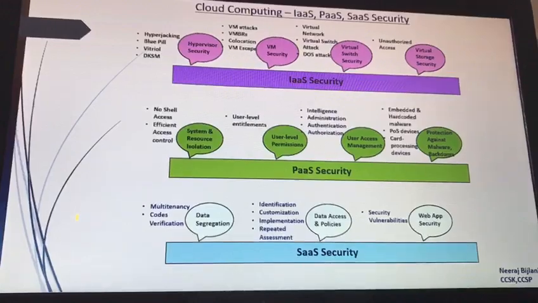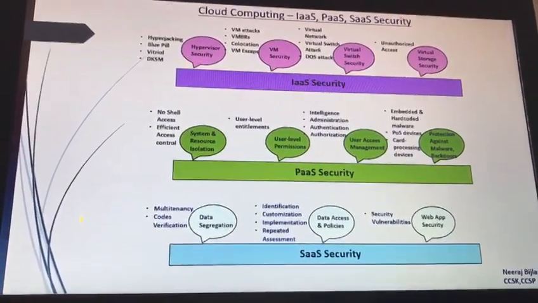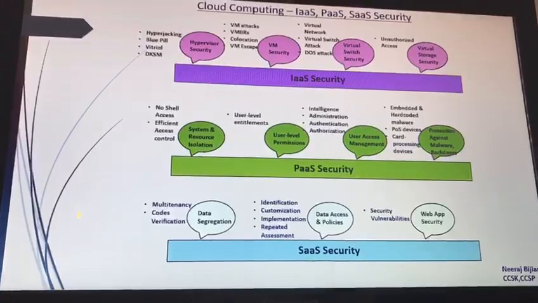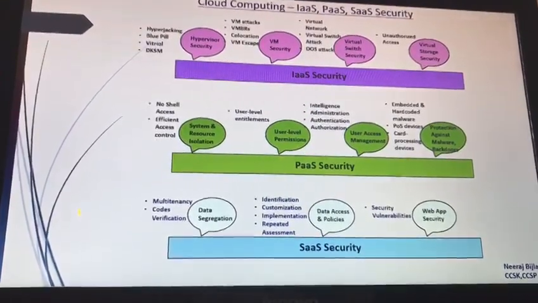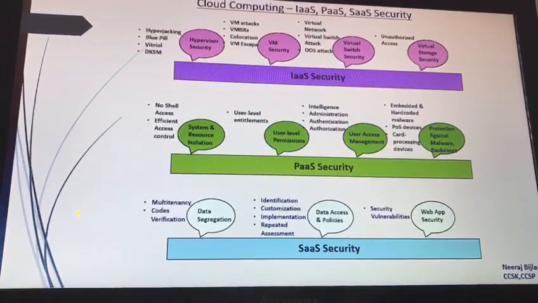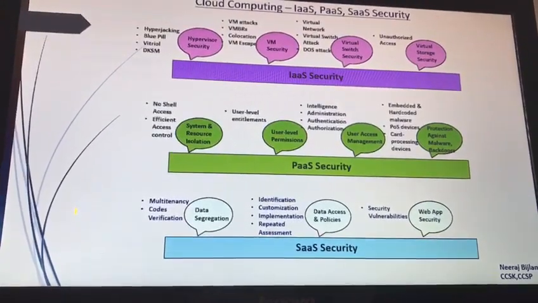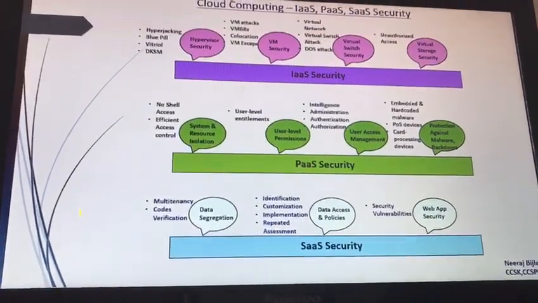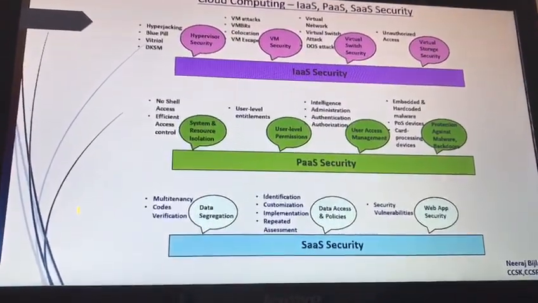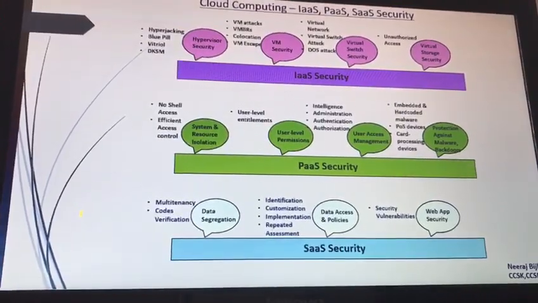We need to make sure that the hypervisor is secure from hyperjacking, Blue Pill, Vitriol, and DKSM. Hyperjacking means installing a rogue hypervisor that can take complete control over the server, such as SubVirt. SubVirt is an example of hyperjacking.